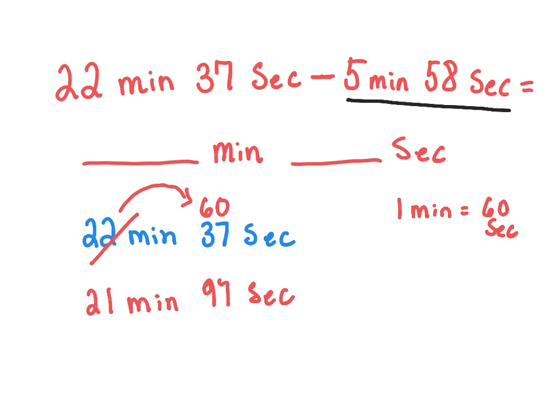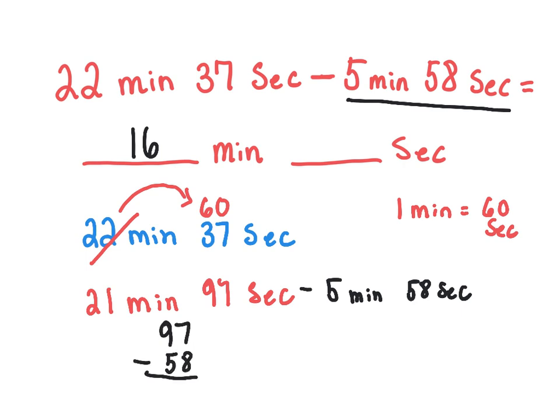So we're going to do minus 5 minutes and 58 seconds. When we take away 21 minus 5, we get 16 minutes. And when we subtract the seconds, we have 97, take away 58, need to borrow, get 3, and over here we get a 9. So we have 39 seconds.